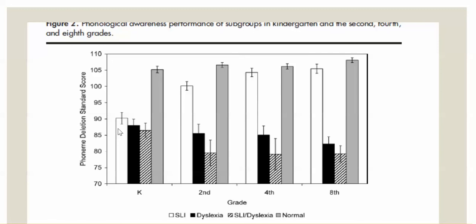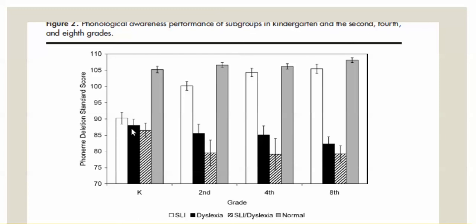As you can see, let's look at just SLI in isolation. At every grade level, these kids perform within the average range on a phoneme deletion standard score. This is probably around 92, that's normal, around 100, a little over 100, around 105. So they're doing completely fine on phonological-based tasks. Now look at the kids with dyslexia.